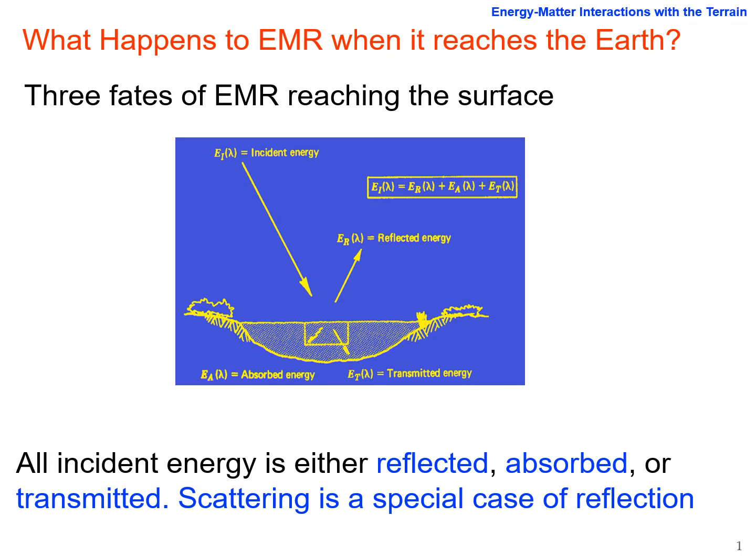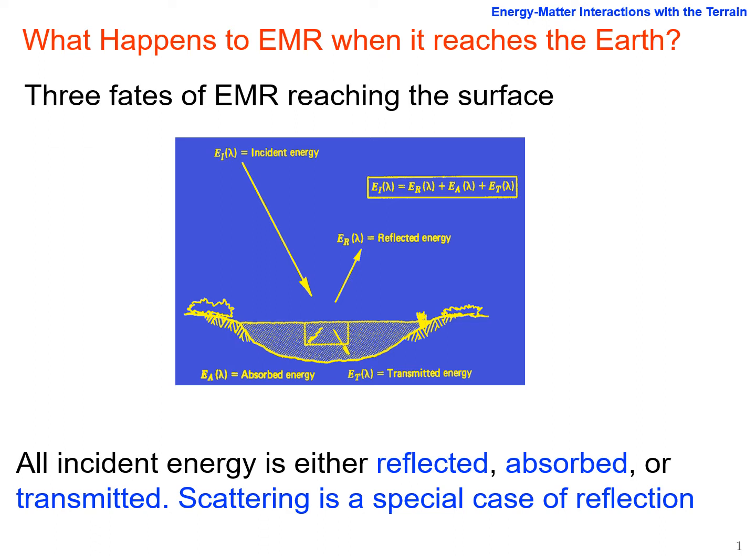So, 3 fates of electromagnetic radiation reaching the surface. Sort of by definition, they have to add up to 100, so all incident energy is 100%. And then it's either going to be reflected off objects, absorbed by objects, or transmitted through objects.